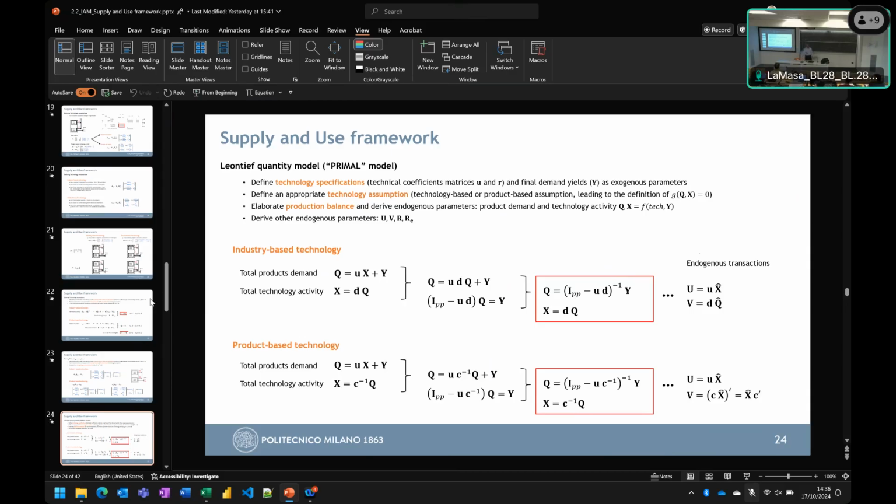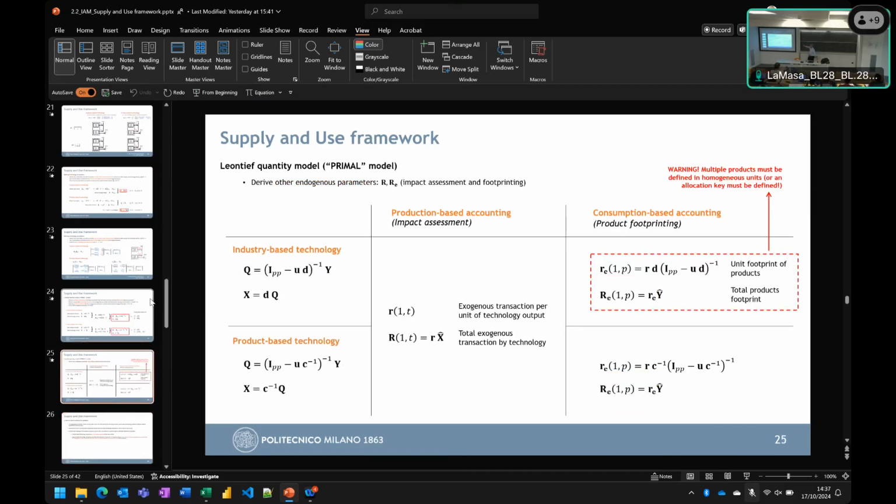This is for practical reasons, because if there are some byproducts, then there should be other technologies within the system that are producing such byproducts as primary product, because there should be a substitution of such byproducts with equivalent products produced by other technologies.